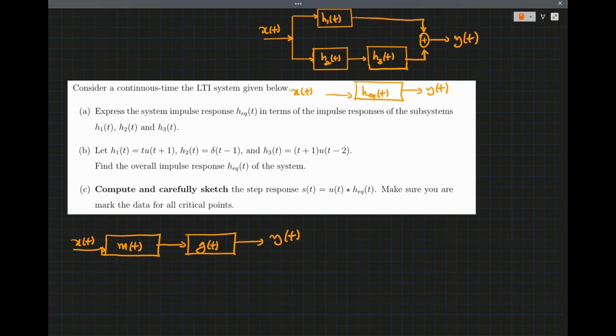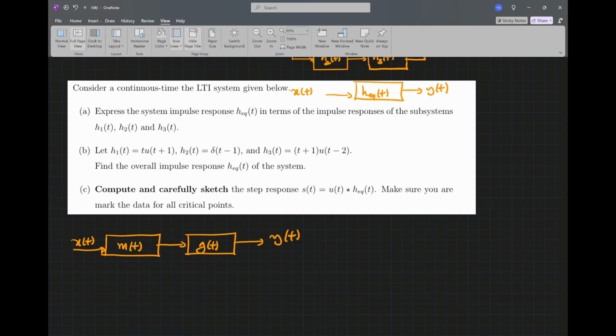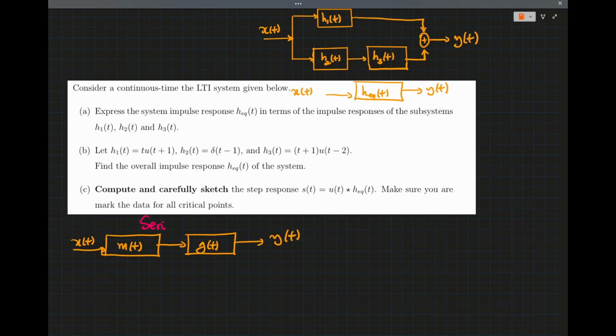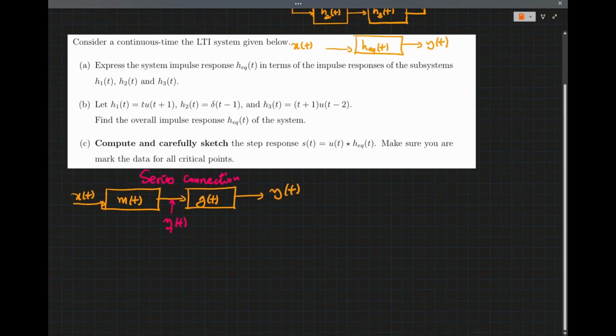So we have a series connection. The output of the first block, call it y1 of t, becomes the input of the second block, and then we call that y of t.